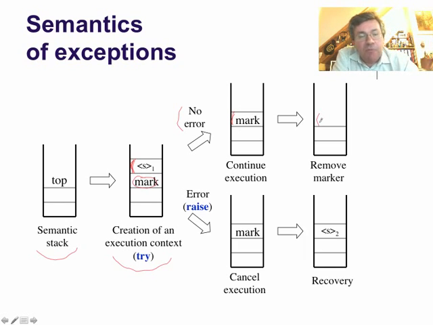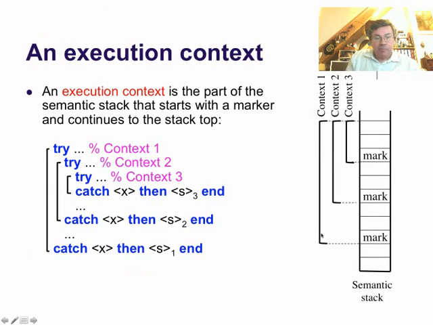Nothing special happens. The second possibility is if there's an error, so a raise. The raise will empty the stack, remove whatever's left of the S1 execution, reach the mark, remove the mark, and put S2, which is the recovery code. And then execution continues with recovery.